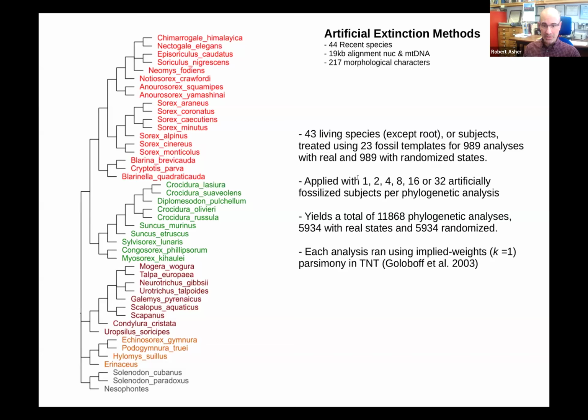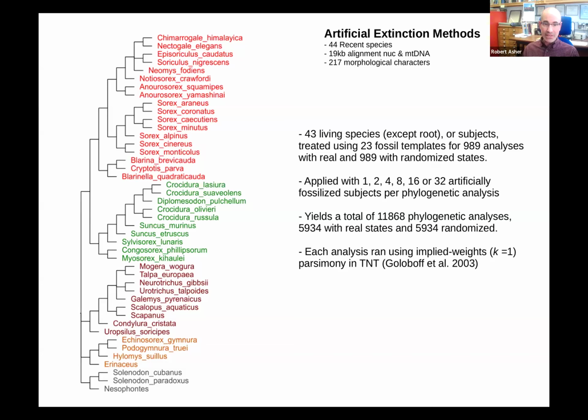So not just a single artificial fossil per analysis, but 2, 4, 8, 16, 32. The total number of phylogenetic analyses that we undertook was just under 12,000, 5,900 with real character states representing the real anatomy of these living species, and just under 6,000 of those are randomized.